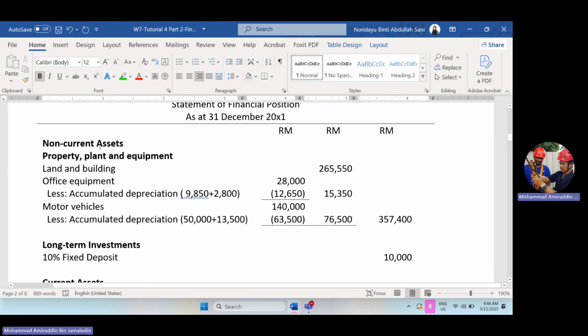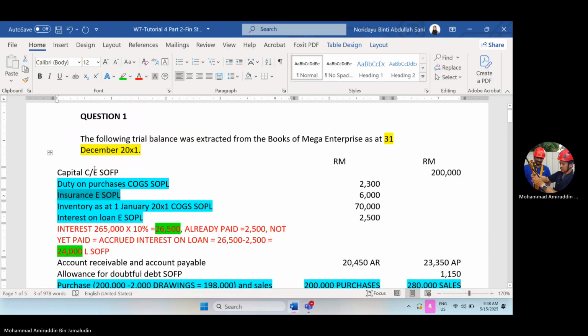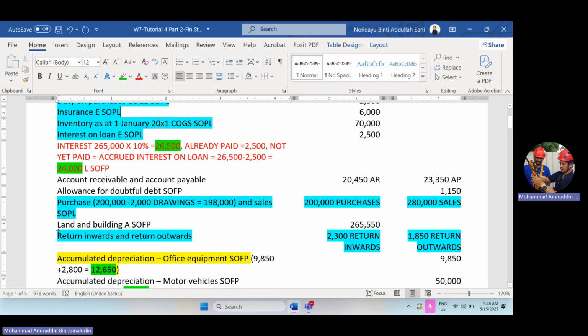First, the non-current assets. Okay, we transfer all your assets. This one we transferred already, right? The interest, I highlighted already. Where is your land and building? Transferred, 6550.